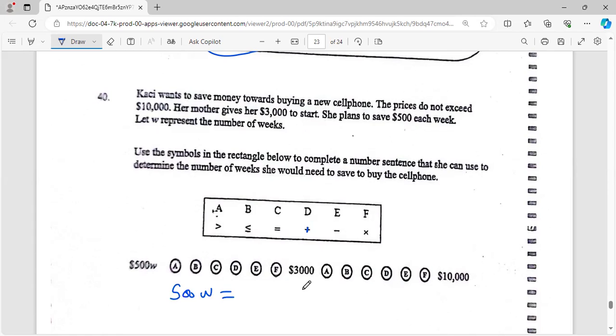It says $3,000. We have to pick another option now, right? Because after you pick an option, then the 3,000, then another option.